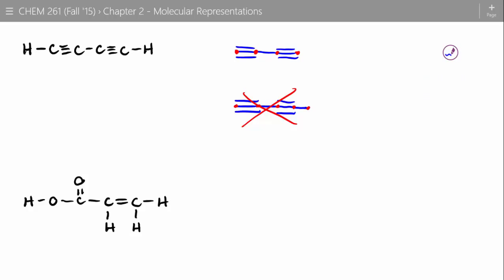Raise your hand once you think you've got the bond line structure drawn. All right, we'll give people another couple seconds here. You can check with your neighbor too if you want to compare.